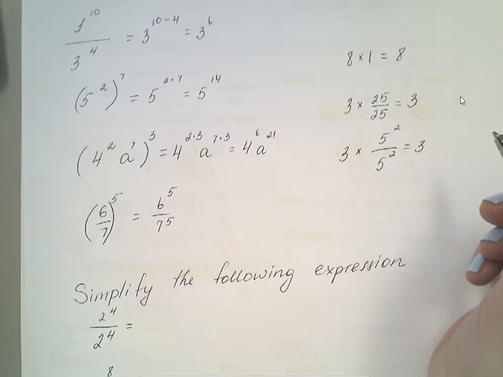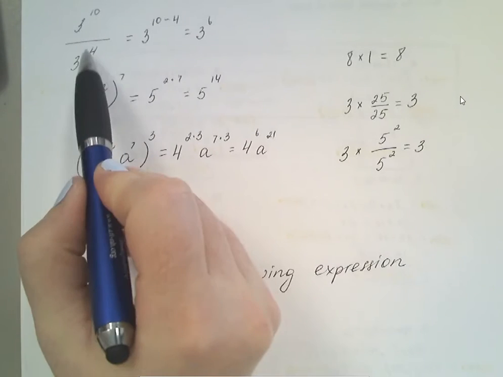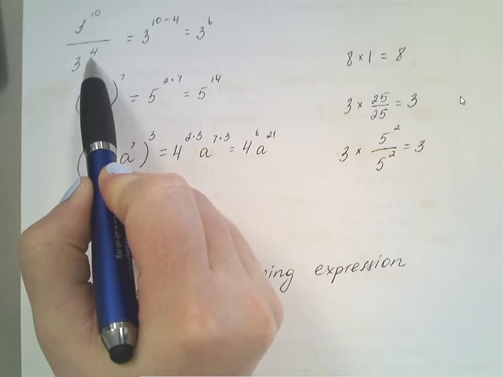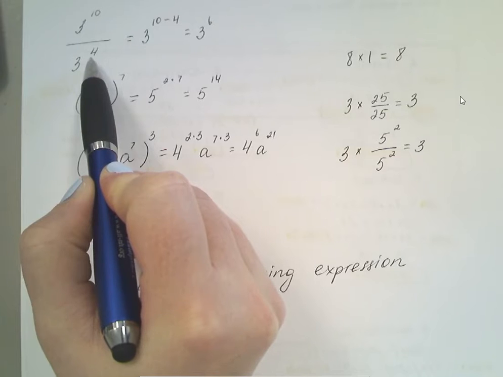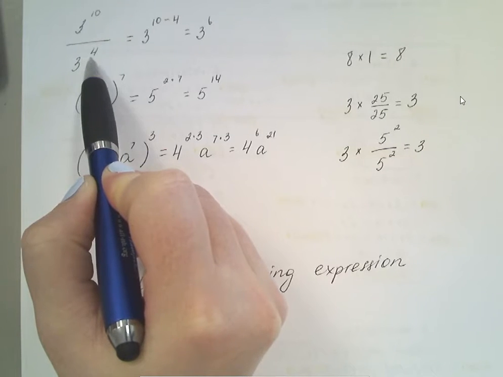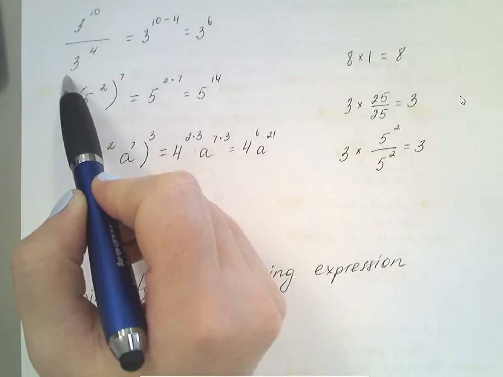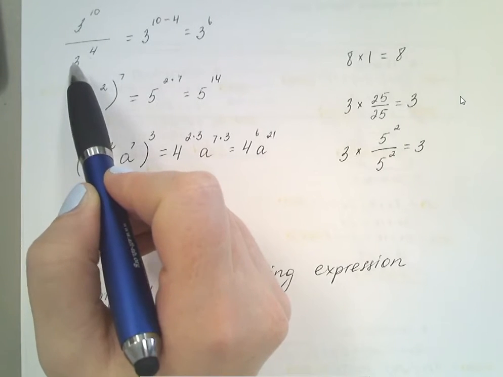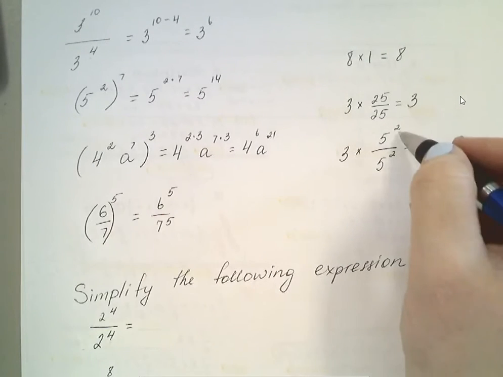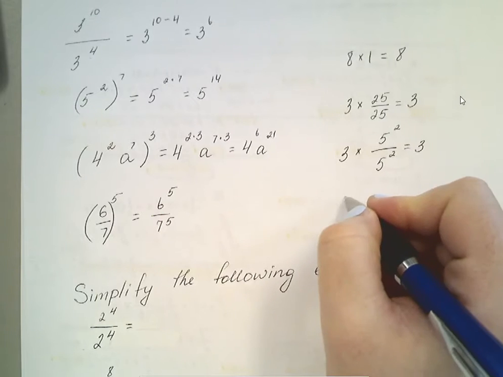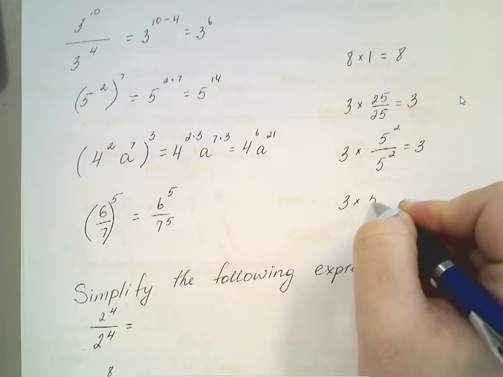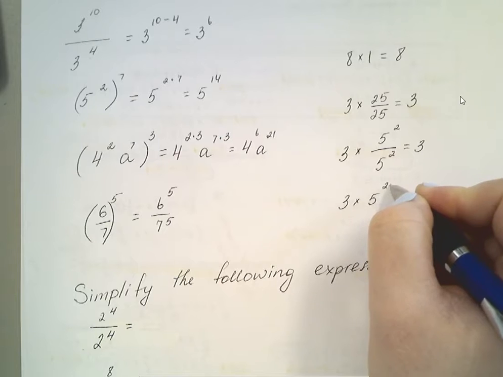According to our rule, our second rule is when I have the same base and the number is divided, I'm going to subtract the exponents, right? So I can rewrite that part as 3 times 5 to the power of 2 minus 2.